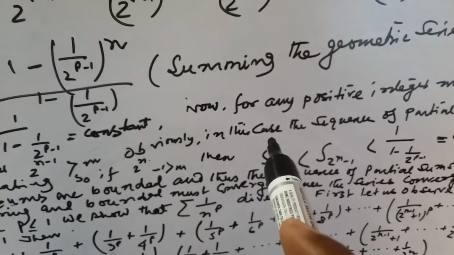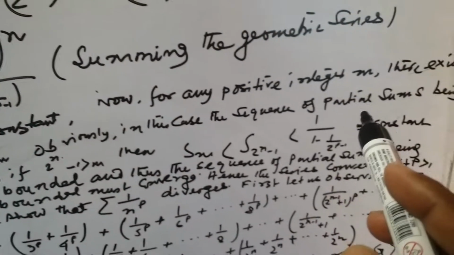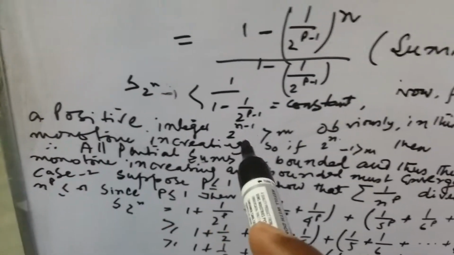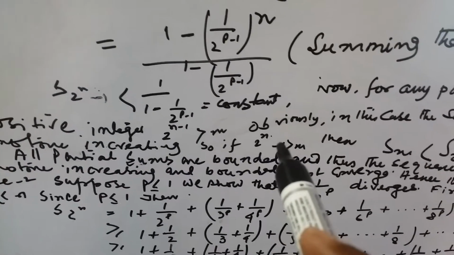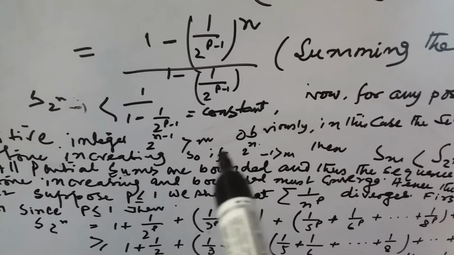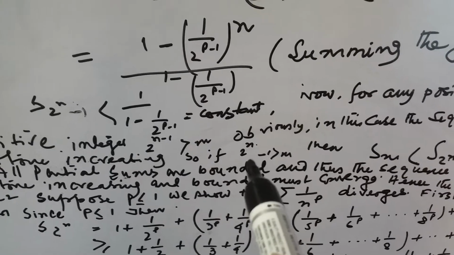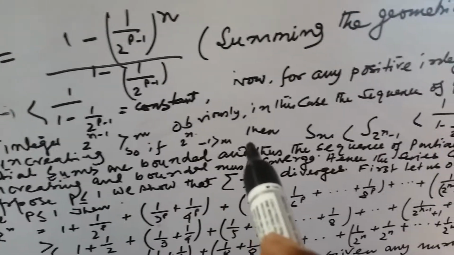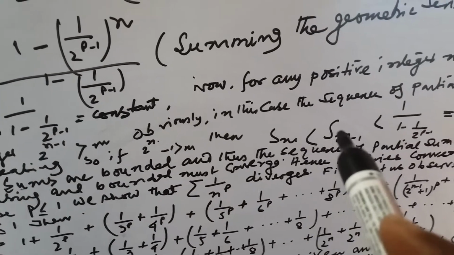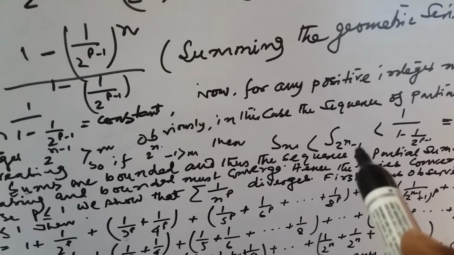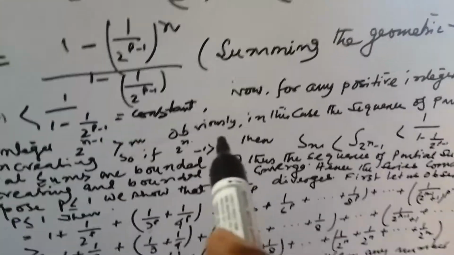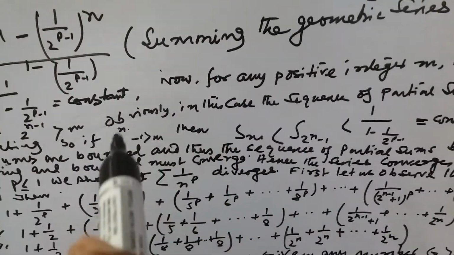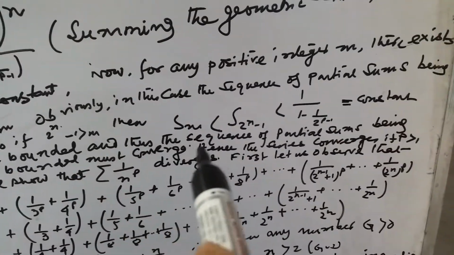Obviously in this case the sequence of partial sums is monotonic increasing, so if 2 to the power n minus 1 is greater than m, then S of 2 to the power n minus 1 is greater than S m, since the partial sum is monotonic increasing.